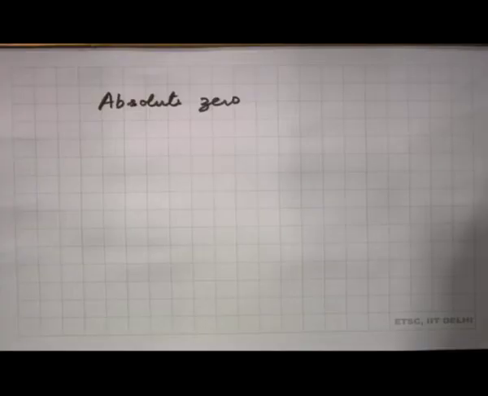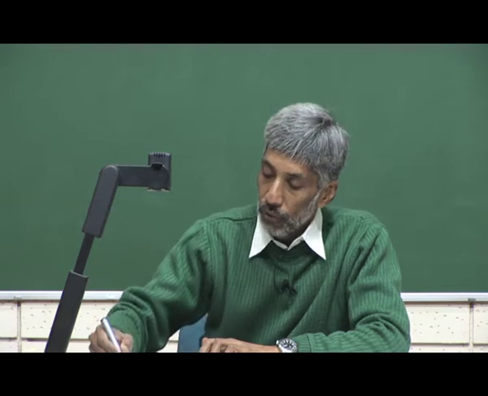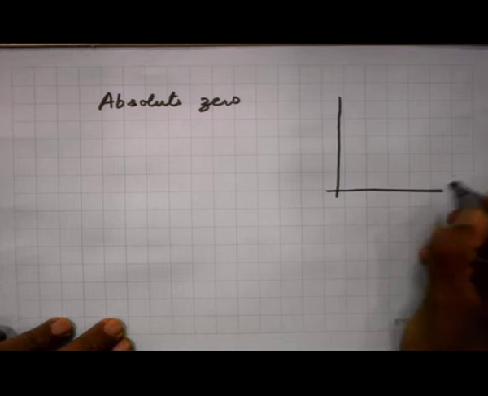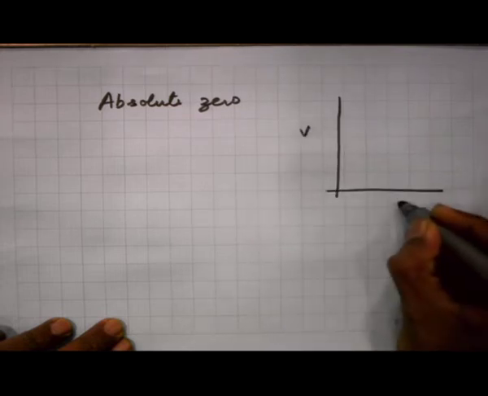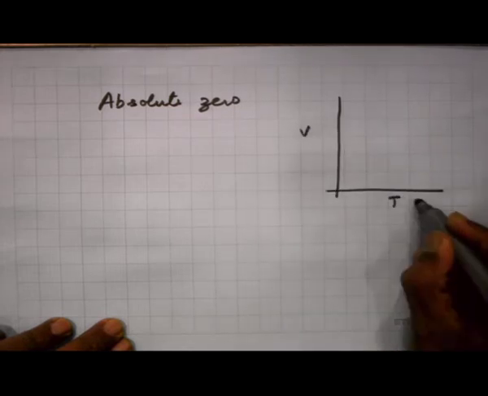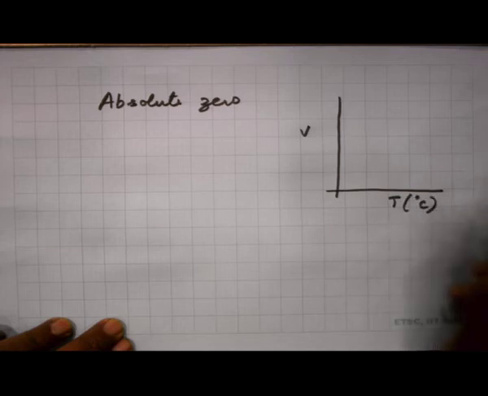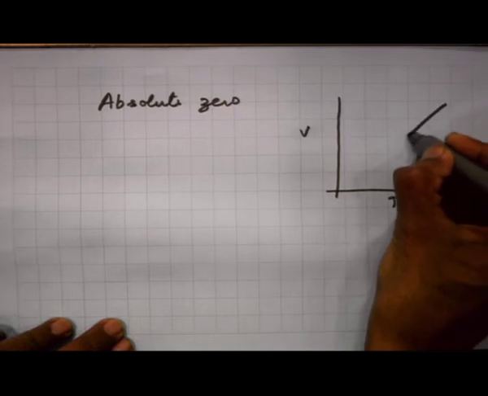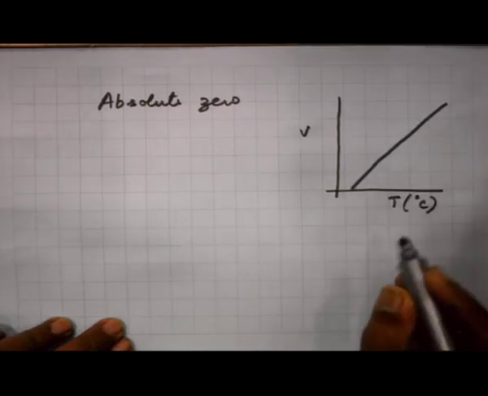Now, we also know that, if you remember, when you looked at volume plotted as a function of temperature with Charles' law or Gay-Lussac's law, there was a straight line.